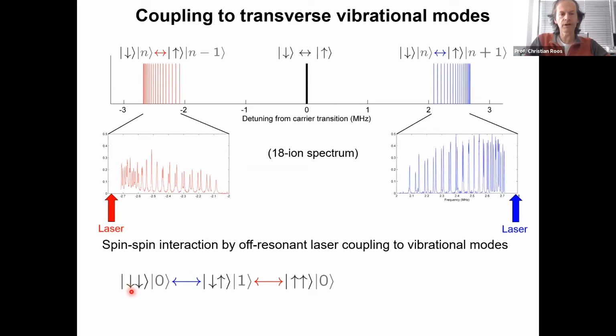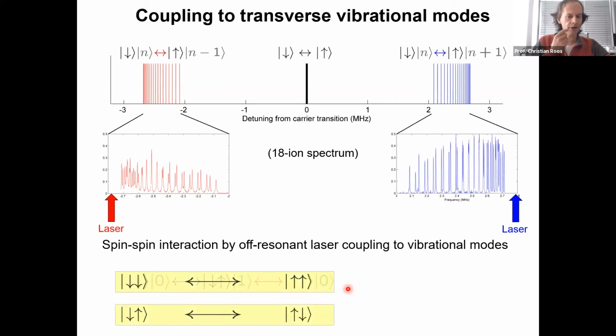You have a coupling where ions in spin down are promoted in such a way that one ion flips its spin and one motional mode increases its quantum number from 0 to 1. I should mention that we cool these modes to the ground state because this improves the quality of the interaction. And then when a second photon interacts with a second ion, the motional mode returns to its original state, and the second ion flips its state as well.